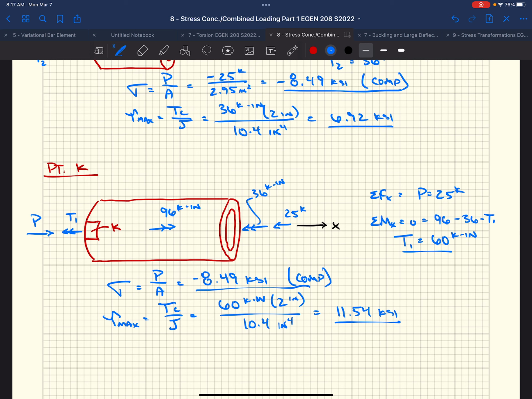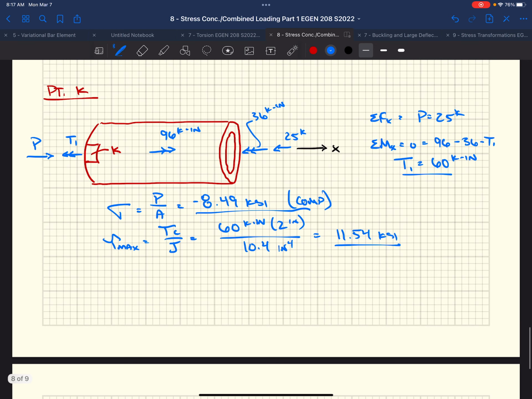Right? Yes? How come there's not a 96 kip inch force, like a reaction force to it? Because we are countering the 36 kip inches that was originally on the end of the shaft. You have to look at it like a torque. If you looked at a torque diagram, and we started at the end, right? 36 is acting in the negative x direction. So we're going to start out at negative 36.